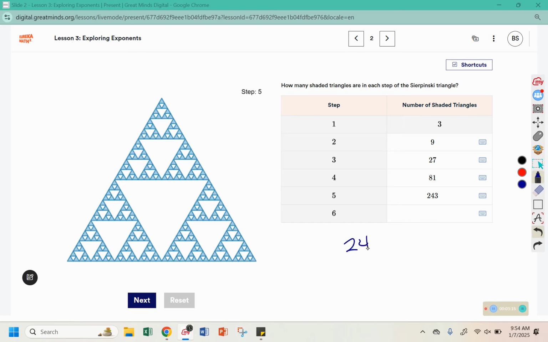Then we have 243 times 3 for this next step. 3 times 3 is 9. 3 times 4 is 12. 3 times 2 is 6, plus 1 more makes 7. Or 729 shaded triangles.